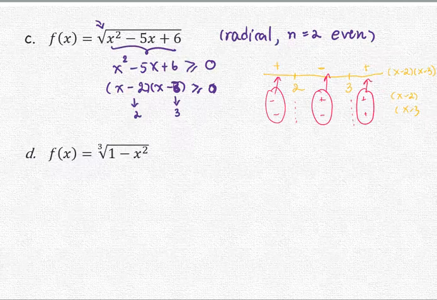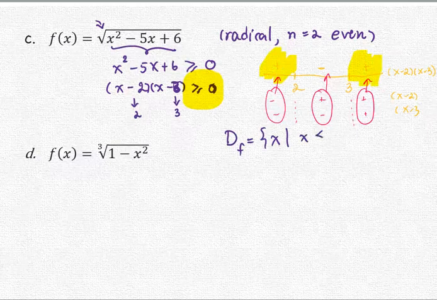Now, how do we put it together as the answer or as the domain of this function? Our goal is to get the set of the numbers that give the product as positive inside or greater than or equal to 0. So we're gonna pick up the left interval and the right end interval, put in the form as the domain of this function as a set of x such that x is less than or equal to 2 or x is greater than or equal to 3.